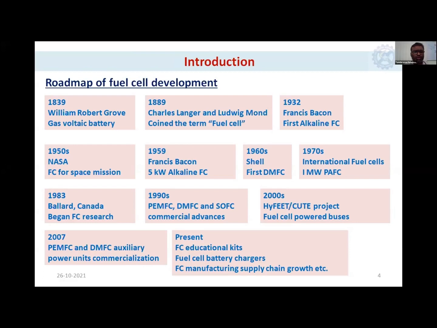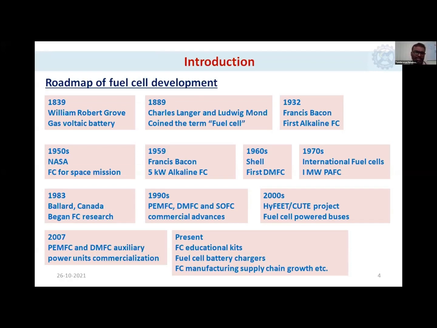And it took almost 100 years from Professor Grove's invention to realize a commercializable fuel cell. In 1932, Francis Bacon developed and demonstrated the first alkaline fuel cell, which produced an energy density that can be commercialized for some applications.